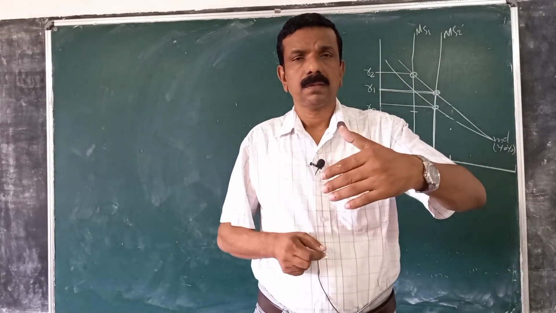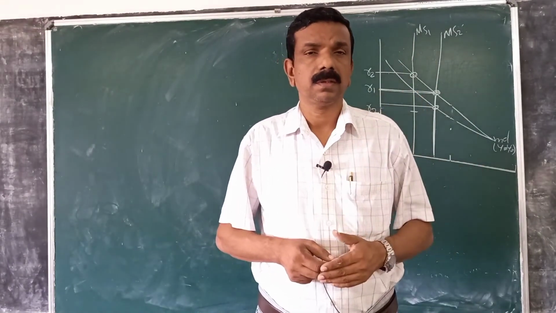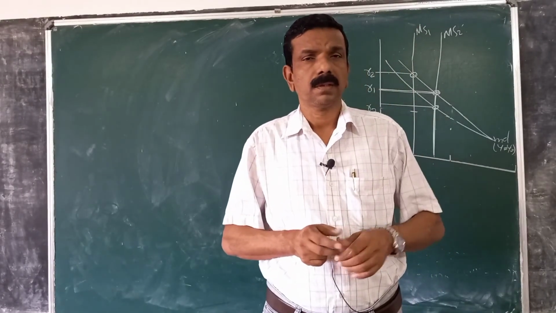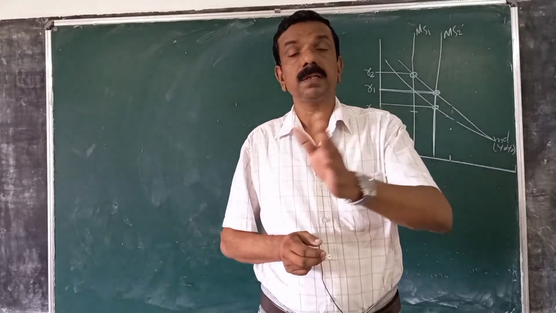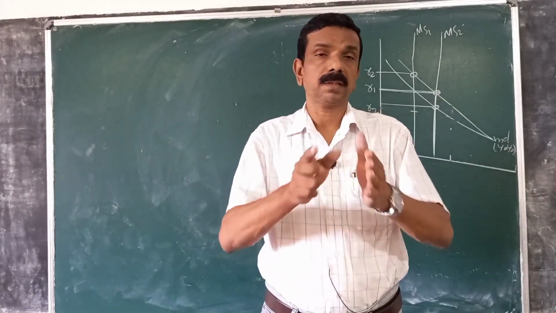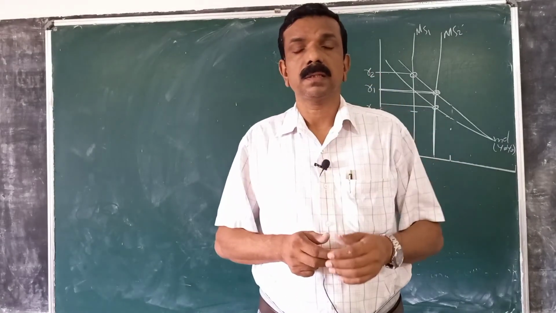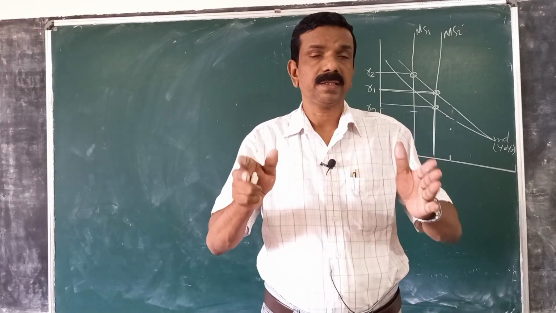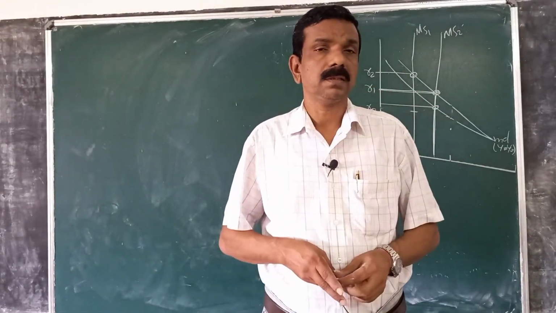And demand for money is divided into three motives. The novelty of the Keynesian theory is that he introduced the speculative demand for money, and it is a breakaway from the classical quantity theory of money. That is all about the Keynesian theory of demand for money and interest rate determination.